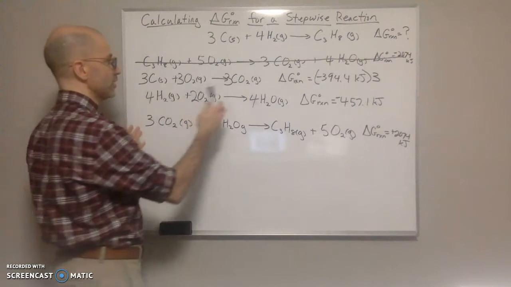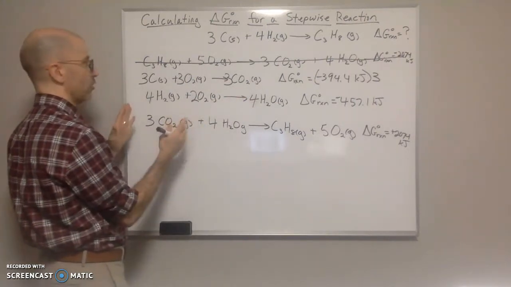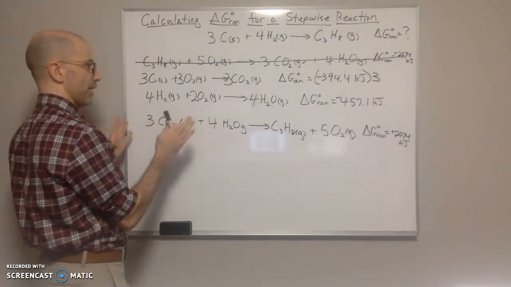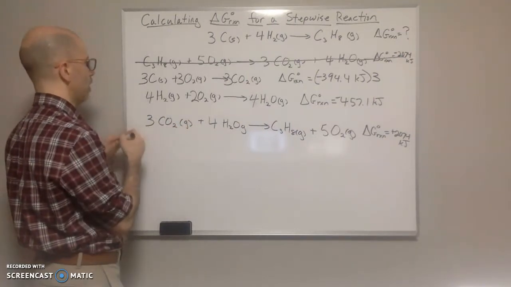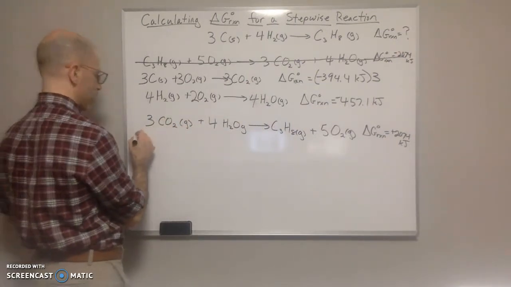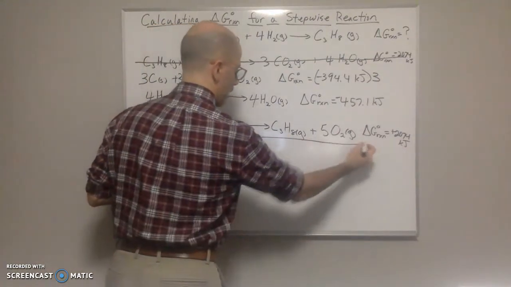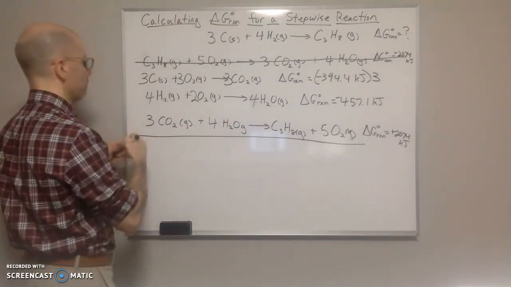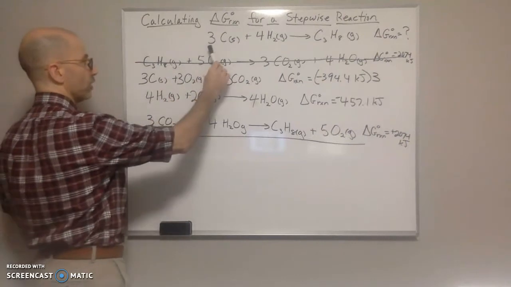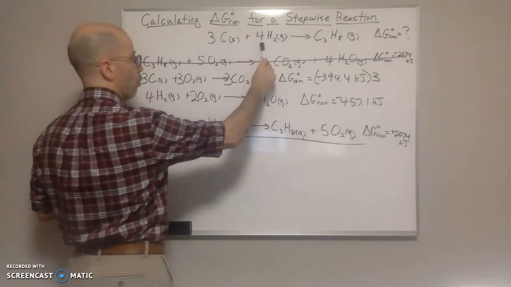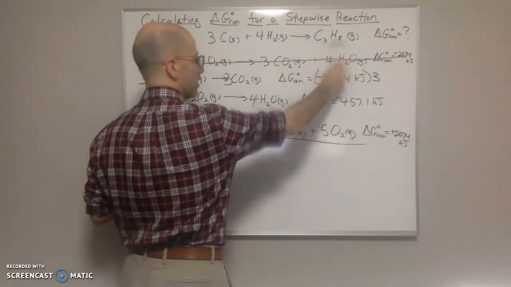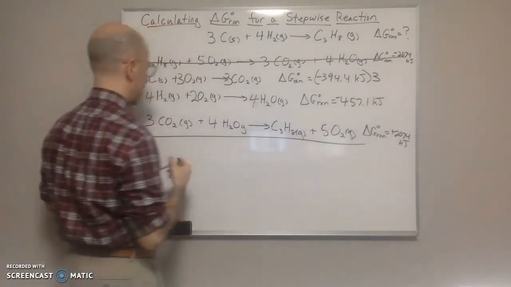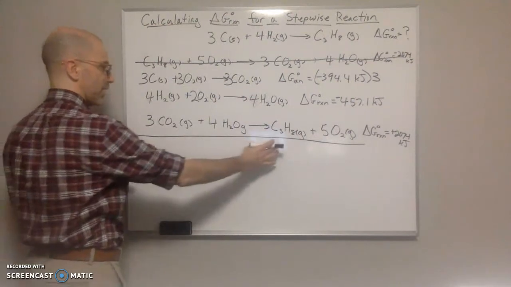Now we can cancel stuff out that we don't want to make sure that everything adds up. So when we add these equations up, we only want 3 carbon, 4 hydrogen gas, and the propane gas to be in our equation.